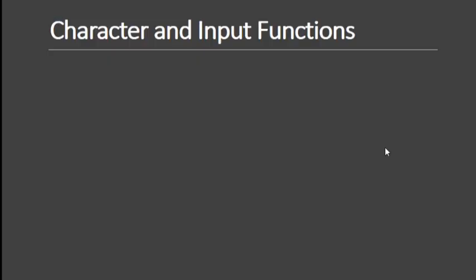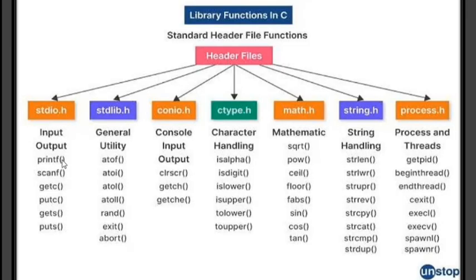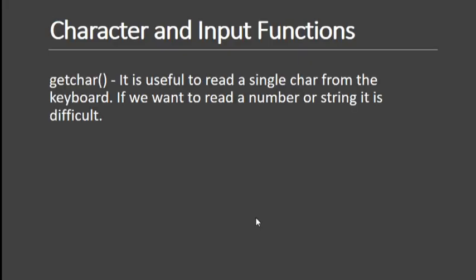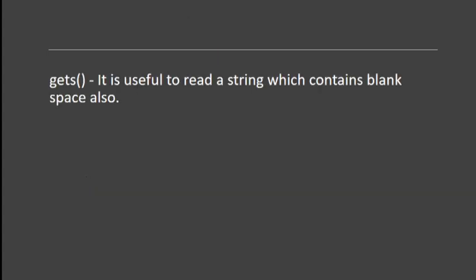Okay. Next, I am discussing character input output functions: getchar, scanf, and so on. You should just understand what is what. getchar is used to read characters from the keyboard. scanf is used to read characters, integers, float values, anything can be read by scanf. And gets only reads a string from the keyboard.